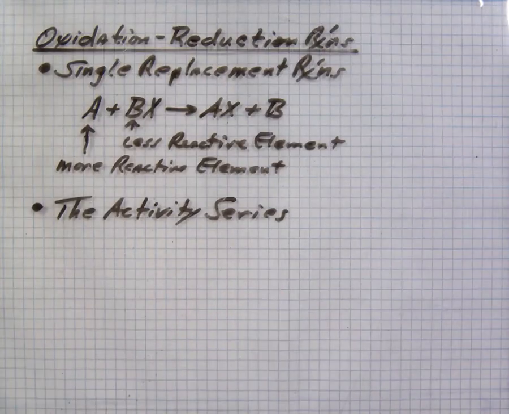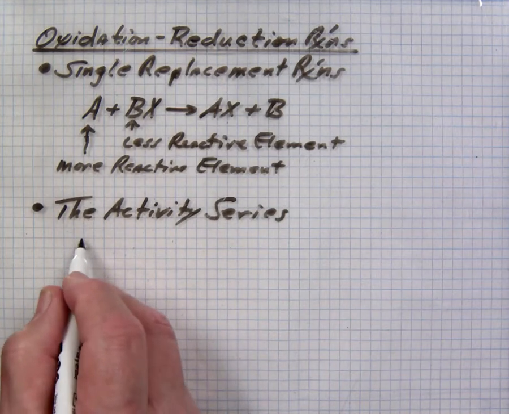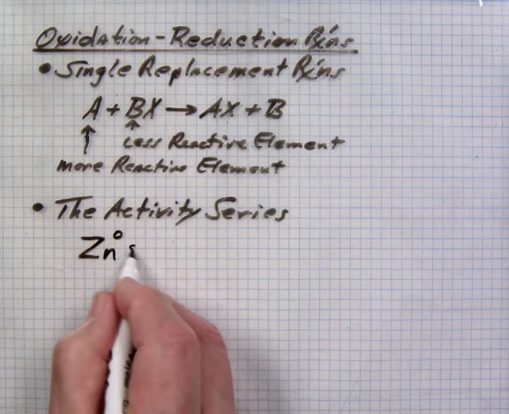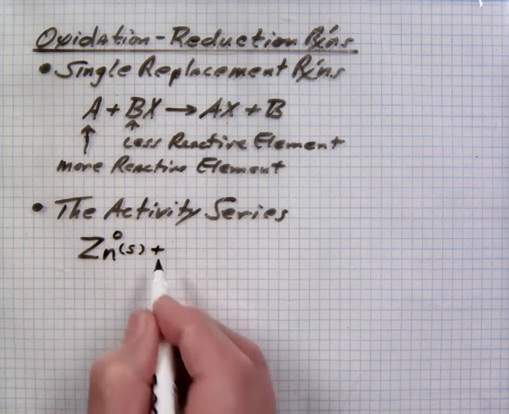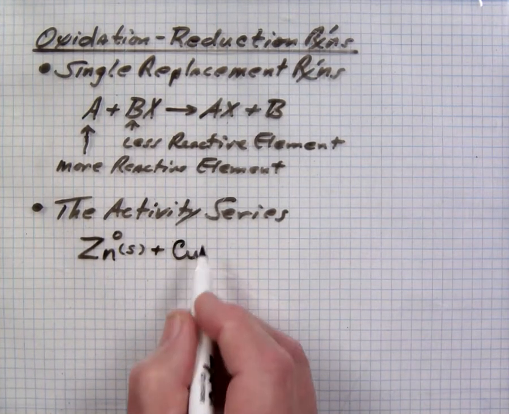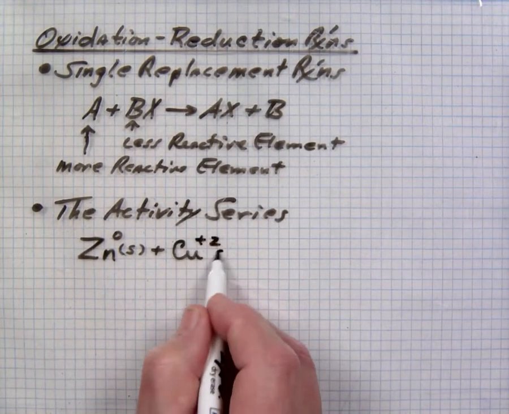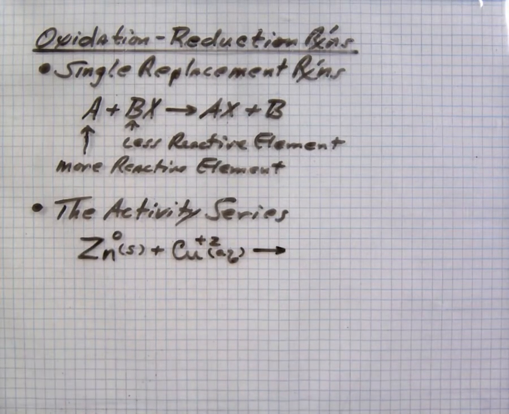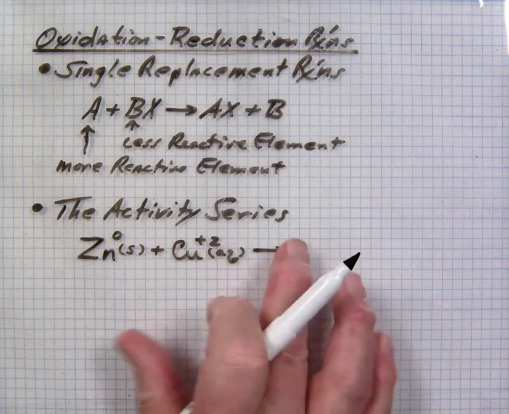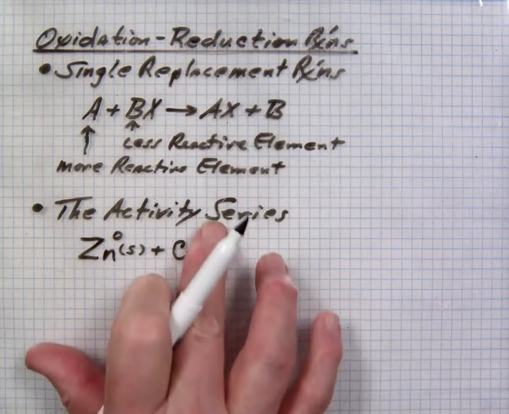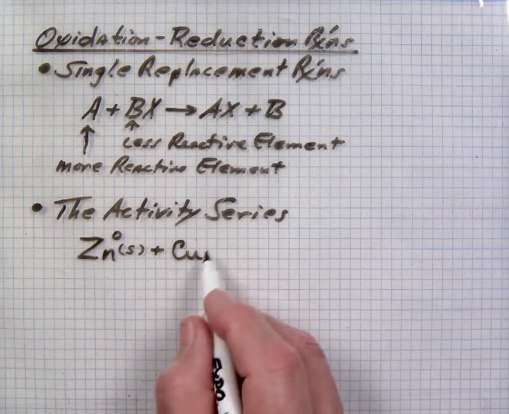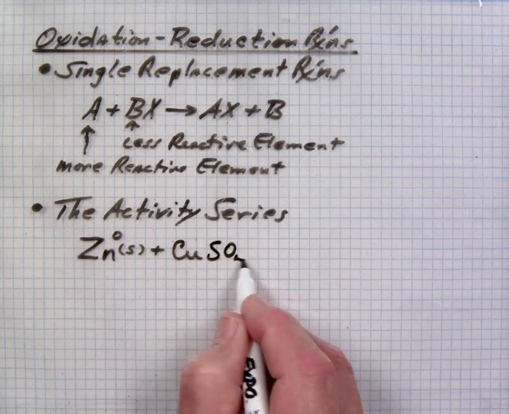Okay, so we come back here and we choose a reaction. Let's take zinc, for example, as a metal in a solution of copper 2 ions, aqueous. Let me write it in compound form, with sulfate as the spectator ion, for copper sulfate, for example.